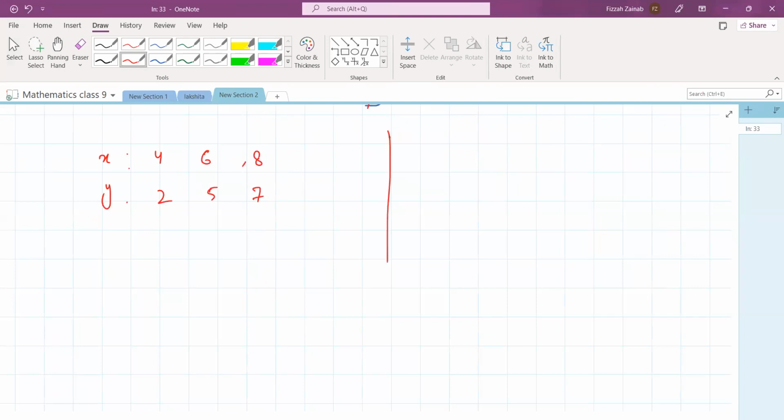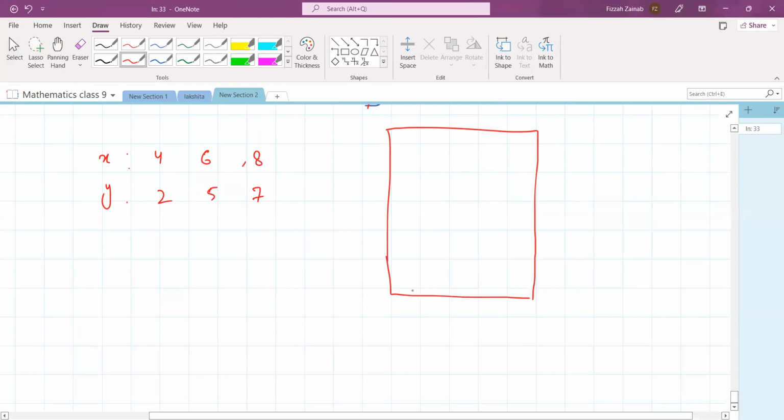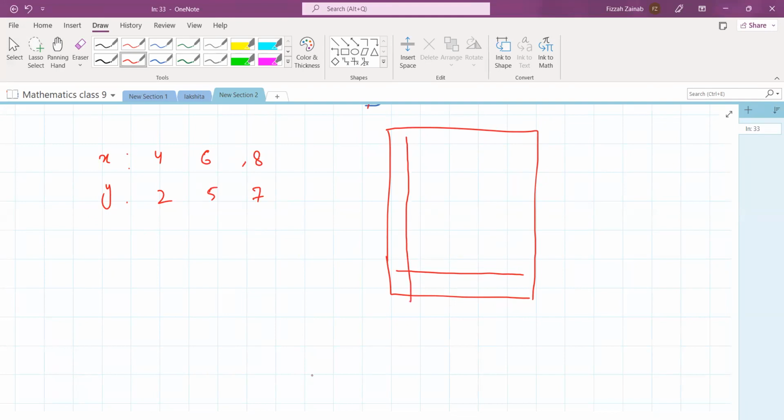So again, you can do one thing. Let's say this is your page of the copy. Clear? Now all the y values are positive. That means you can bring your x-axis here. And all the x values are also positive. So that means you can bring your y-axis here. So now you can see all the y values are positive, right? All the x values are also positive. That means all the points are going to fall in the first quadrant only. Understood?